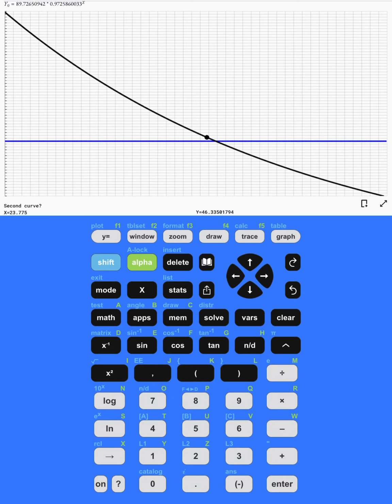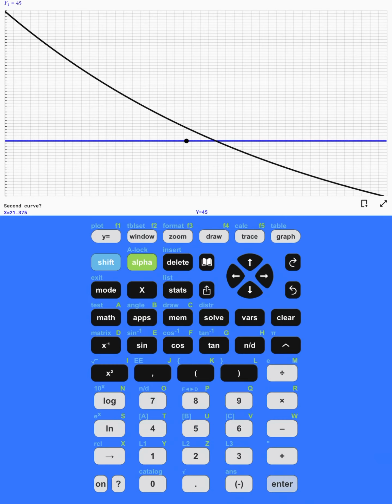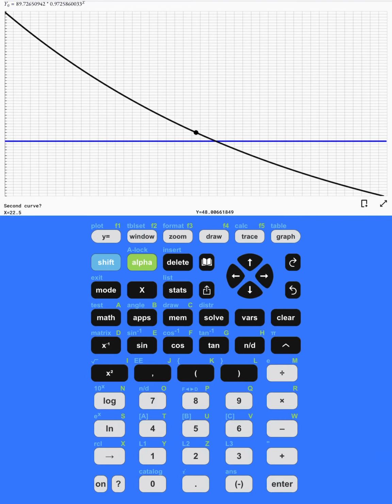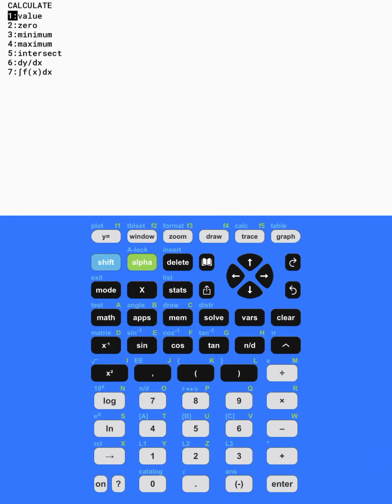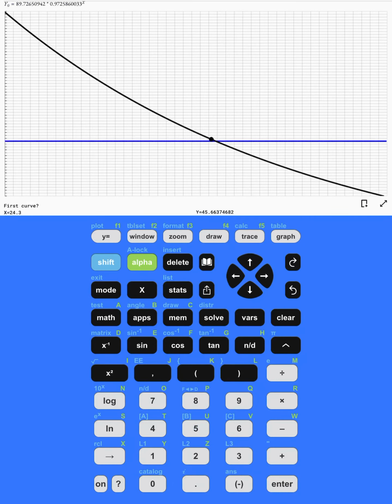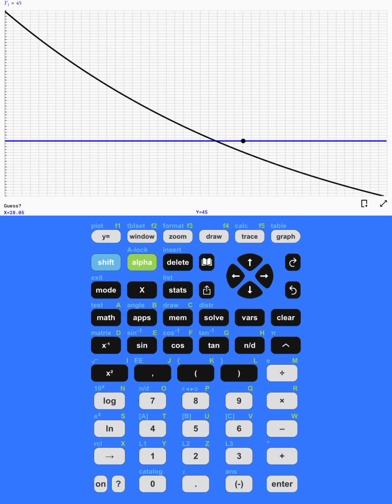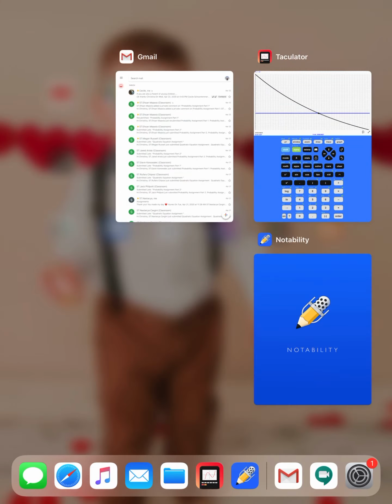Enter, enter, enter. You should find that the intersection is 24.827, which it wants you to round to the nearest minute, so I would round to 25 minutes.